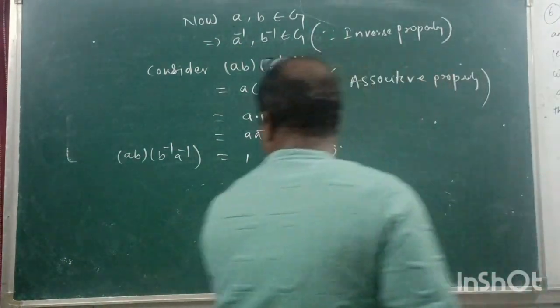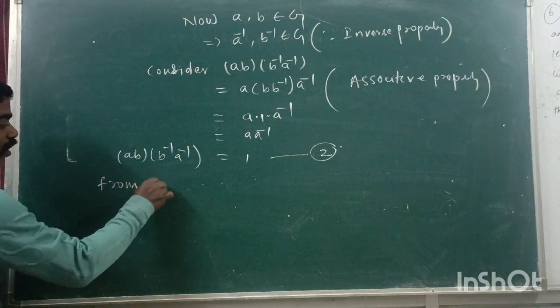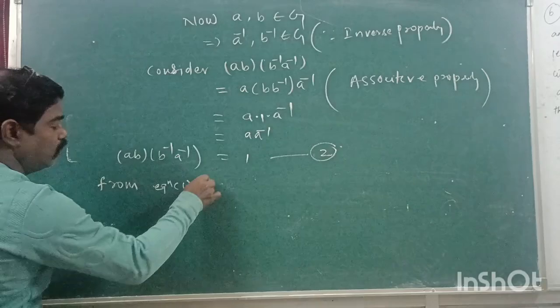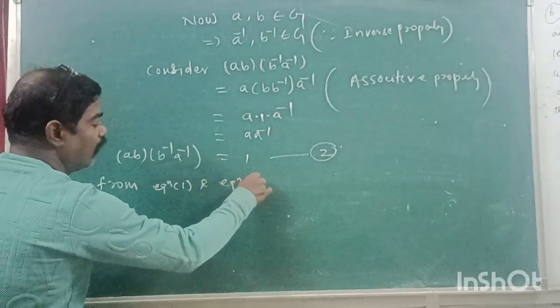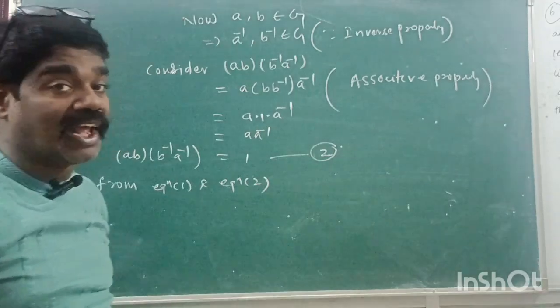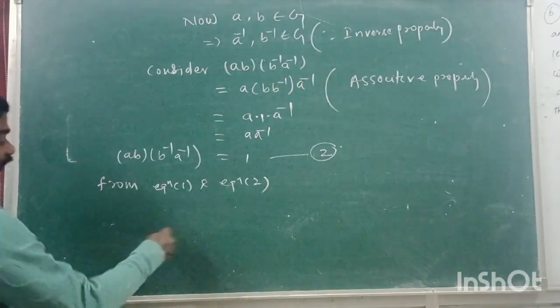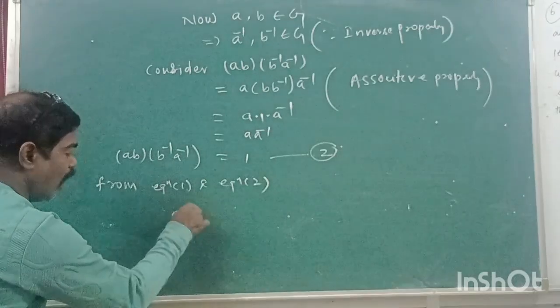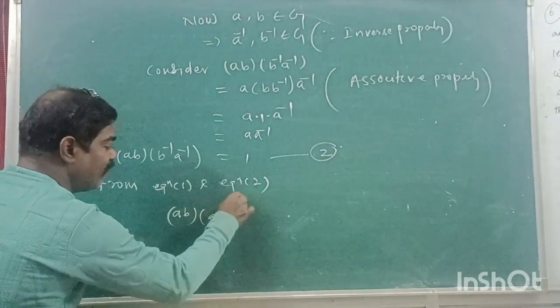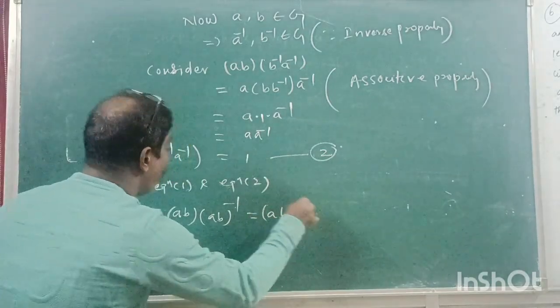From equation 1 and 2, left sides are equal, right sides are equal. Automatically, left sides also what? Equal. What is that? (AB) whole inverse is equal to this one, AB into what?